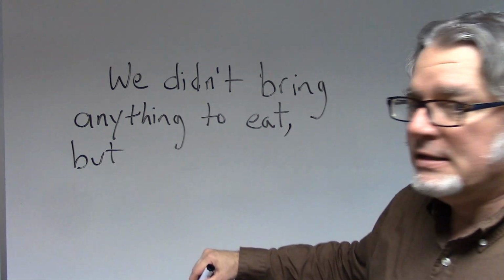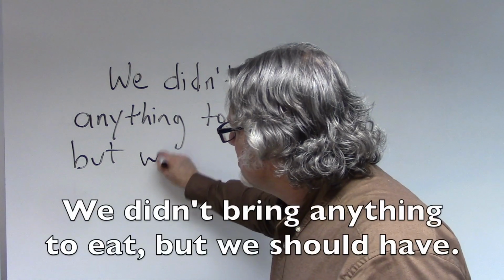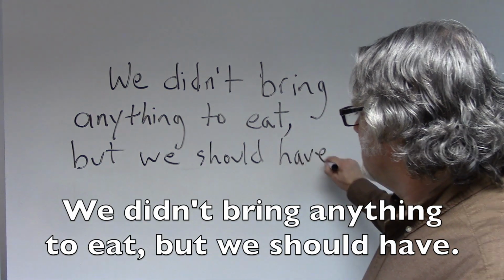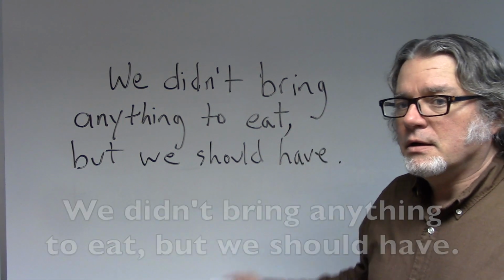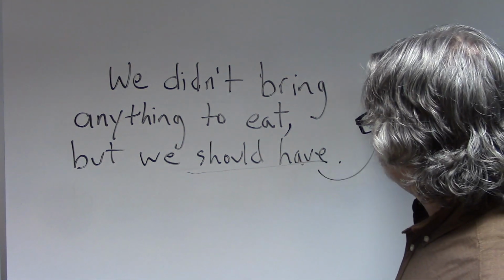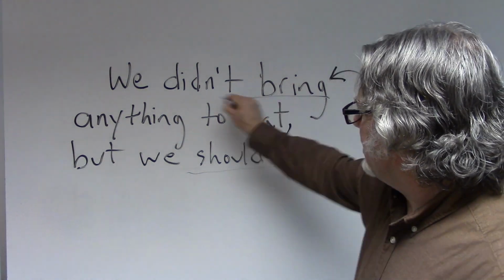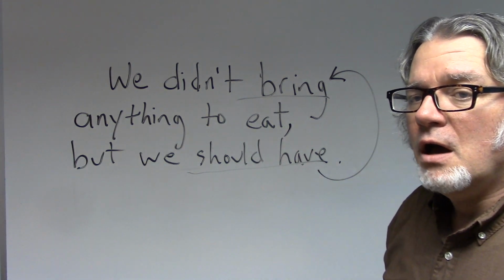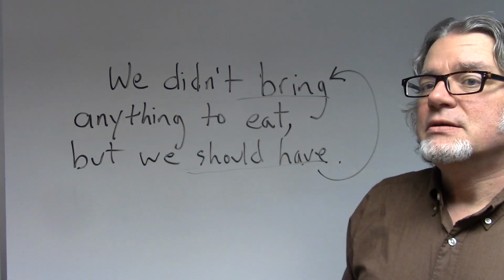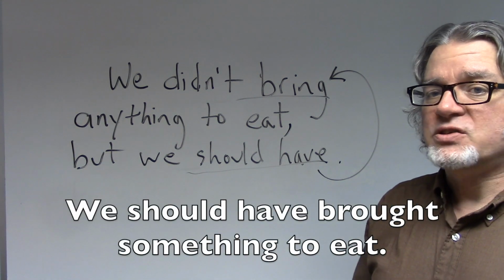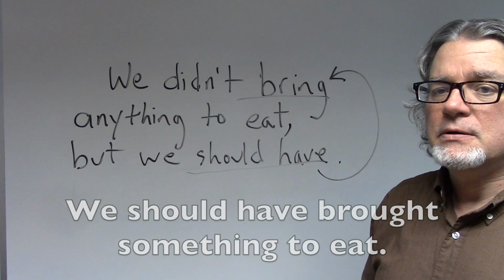We didn't bring anything to eat, but we should have. Period. And this refers to this verb here, bring, and the information that follows. We didn't bring anything to eat, but we should have, or we should have brought something to eat.